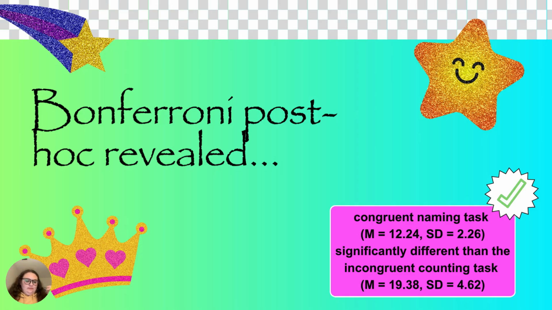So that's what standard deviation means in general. The congruent naming task was significantly different than the incongruent counting task, which had a mean of 19.38 and a standard deviation of 4.62.